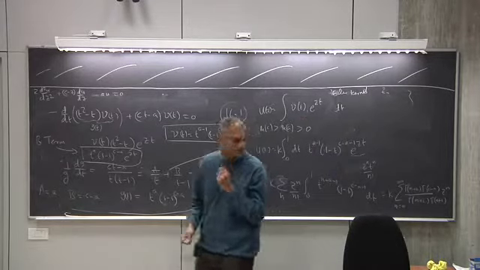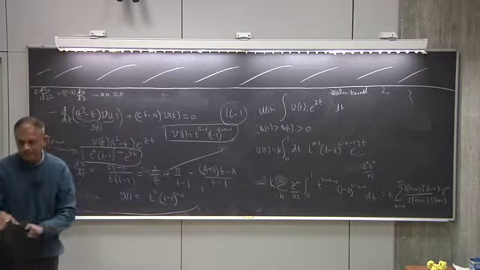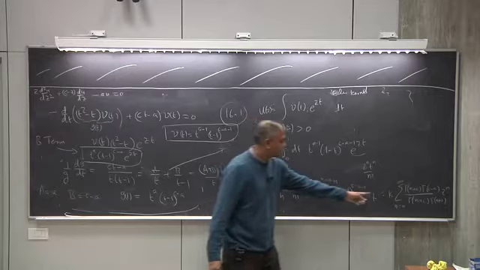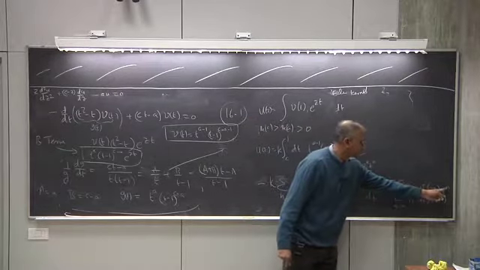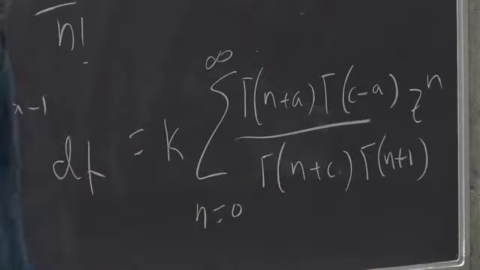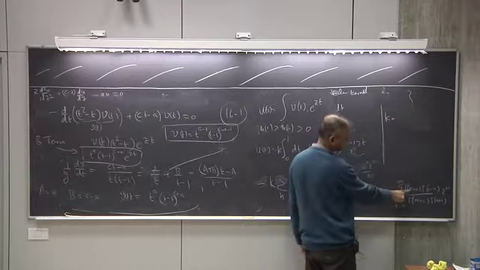So this function is indeed analytic. Okay, so that's the expansion, and now I can choose k to make it equal to 1 at z equal to 0. So choose k by just putting n equal to 0.